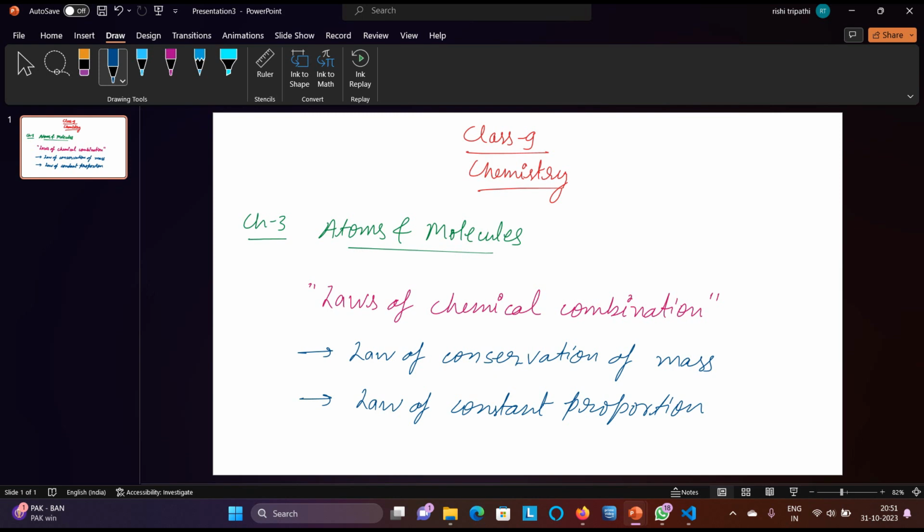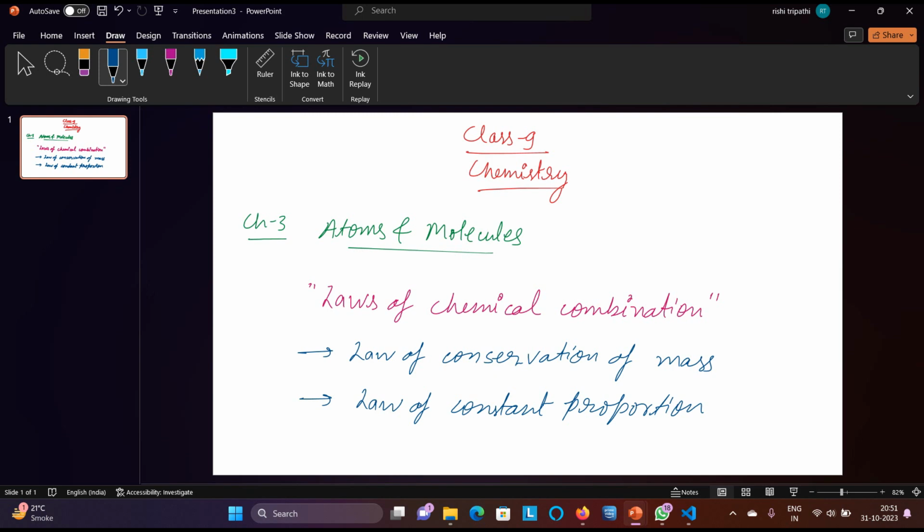And the law of constant proportion, which is also called the law of definite proportion, says that when elements combine to form a compound, they combine in a fixed ratio by mass. Where are the elements? Elements are present in the periodic table.